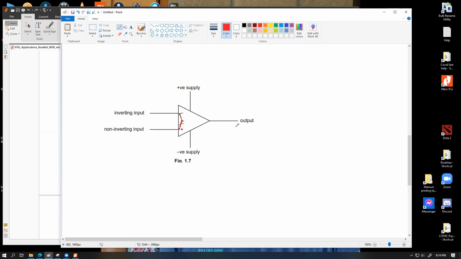The third property is zero output impedance. Zero output impedance means if we have applied some voltage over here, you have to understand that this voltage would be available on the output side by the process of amplification.